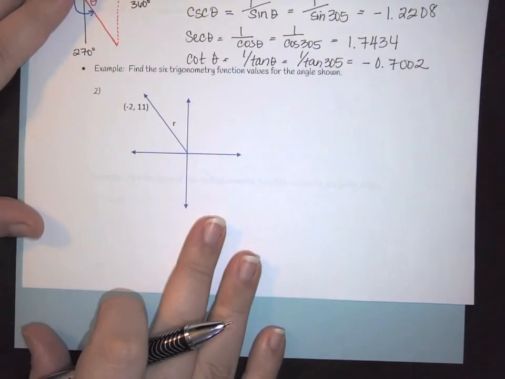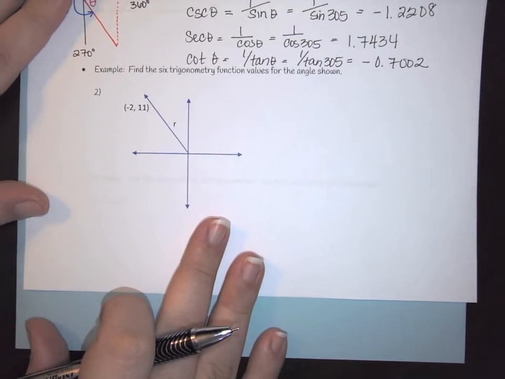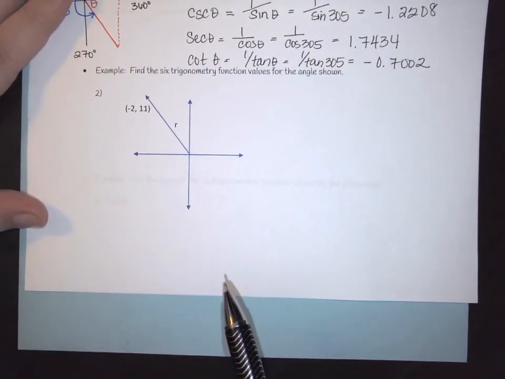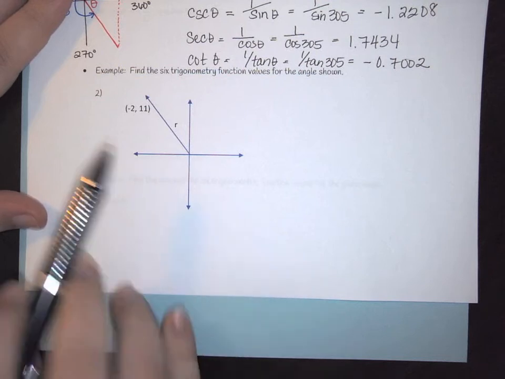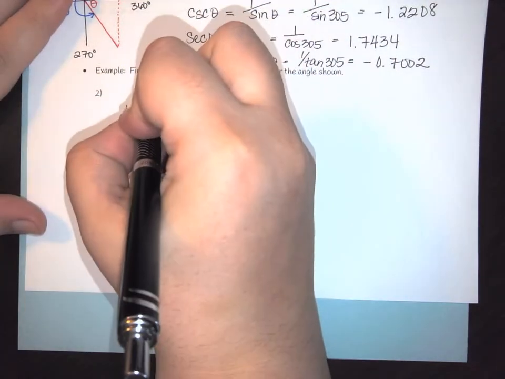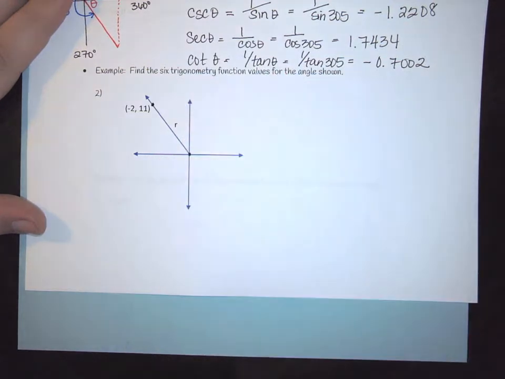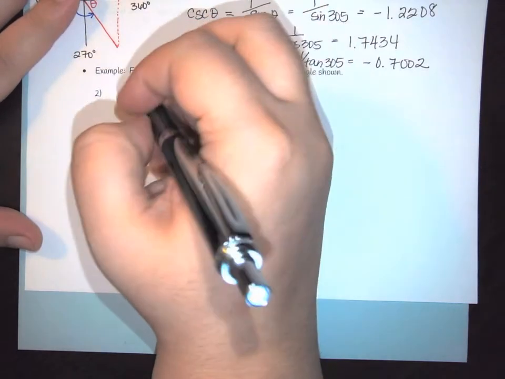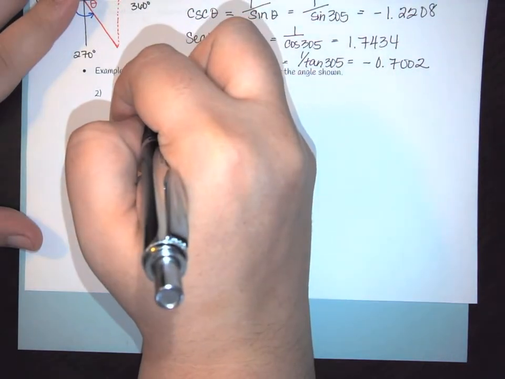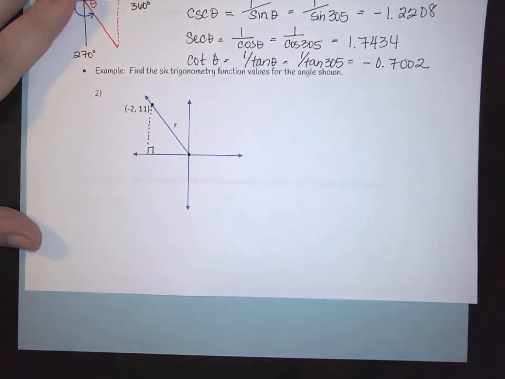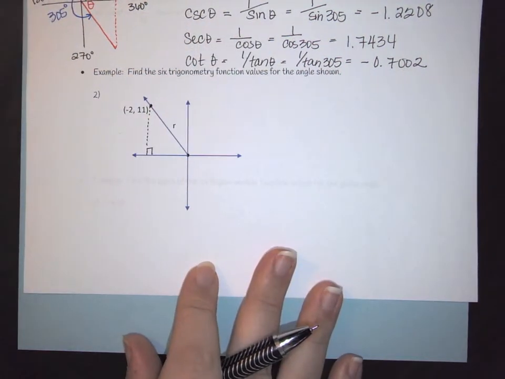Now in this next problem, it says find the 6 trig function values for the angle shown. And in this case, instead of giving an angle, we're giving you a coordinate point. So we're saying this is up at the point here. Okay. And so when we are talking about our triangle, we would drop our triangle down to the x-axis.